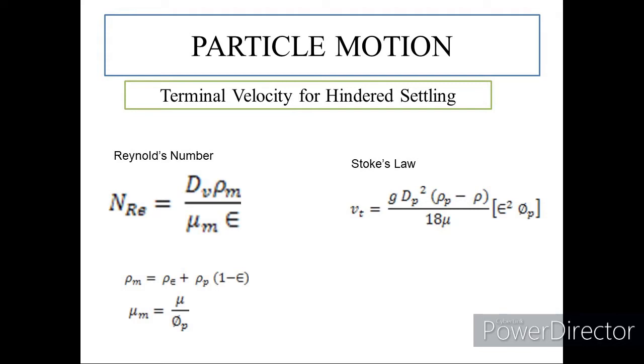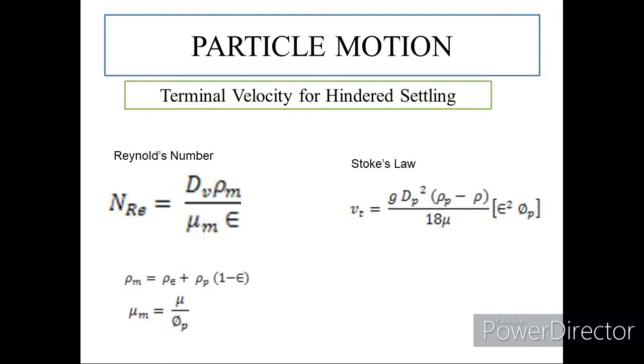Yung k, if wala talagang means na makuha si k or si Reynolds number, you can use the Archimedes number. It can also be found in your Perry, section 6. So, yung Archimedes number, it will also help you to determine in which the motion range lies.